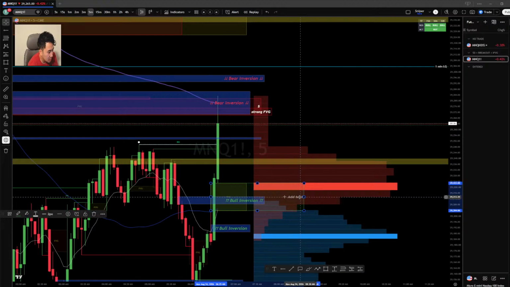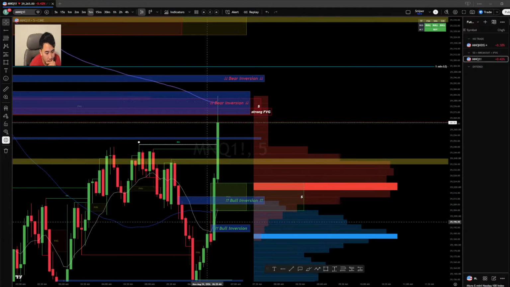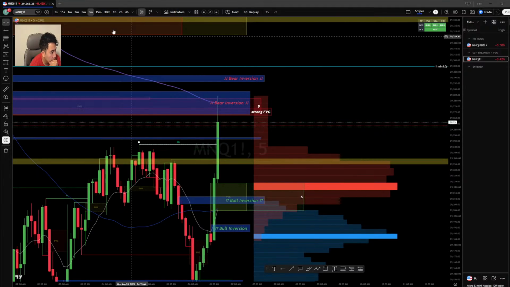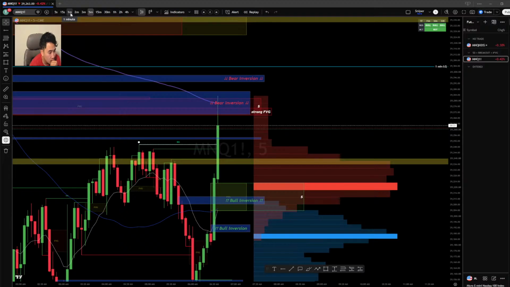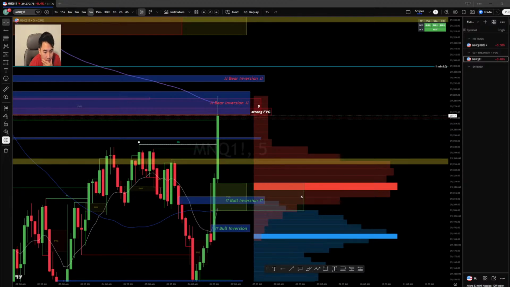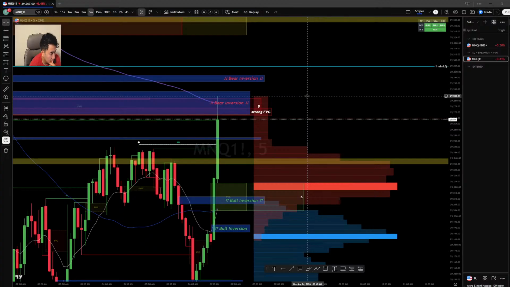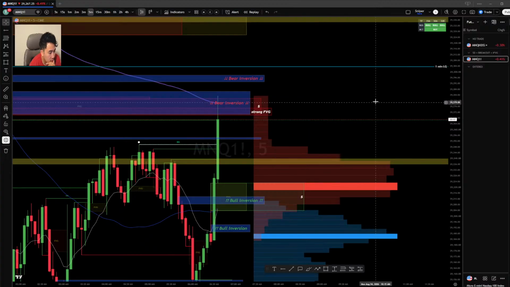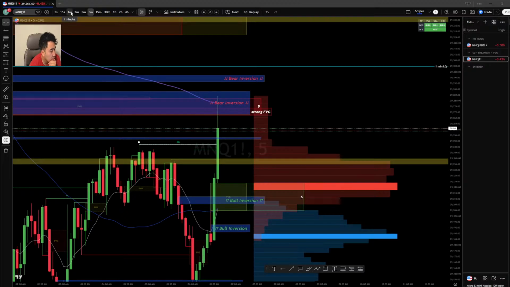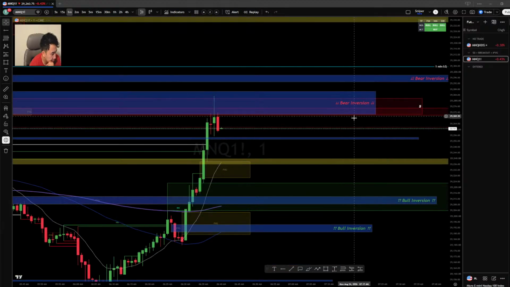Bull FVG. Yeah, we have 7 more seconds here. All right, so that gap is confirmed.